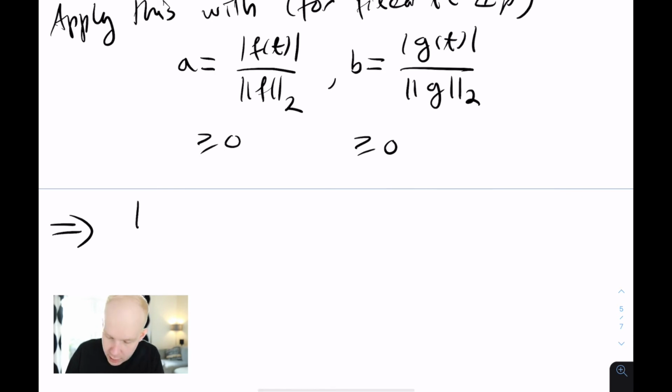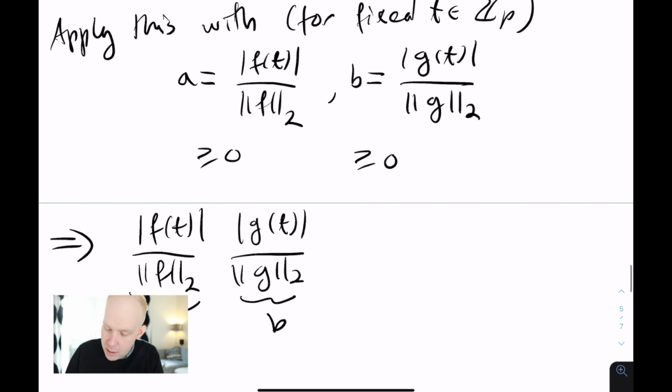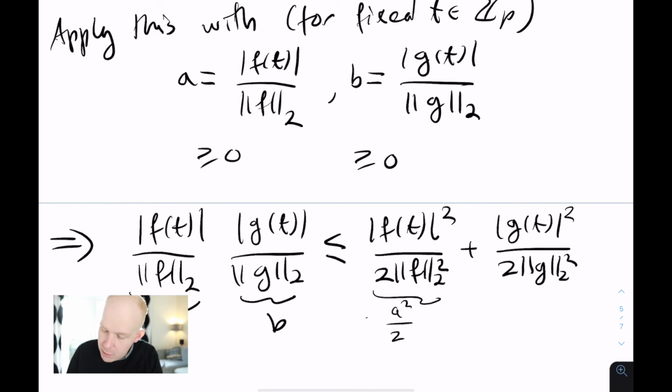If we take the product of these numbers, f(t) over the L2 norm of f, which is a, and g(t) over the L2 norm of g, which is b, then by the inequality this is at most a squared over 2 plus b squared over 2, which if you open this up is |f(t)| squared over 2 times the L2 norm of f squared, plus |g(t)| squared over 2 times the L2 norm of g squared.